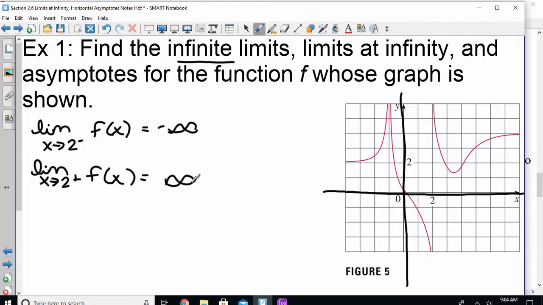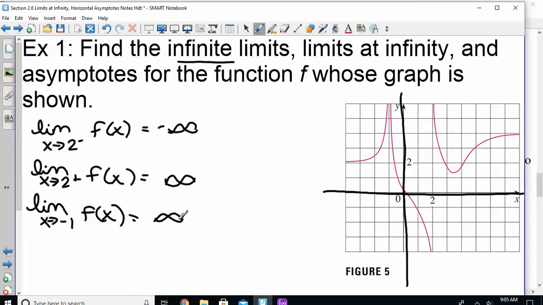Okay, there's another one. This one I don't have to split up because from both sides, as you approach -1, where's the graph going? Infinity. Okay, so those are my infinite limits, where you get infinity for an answer.